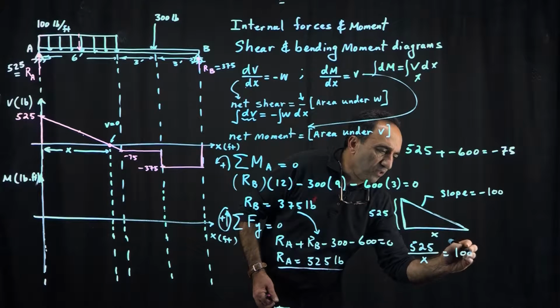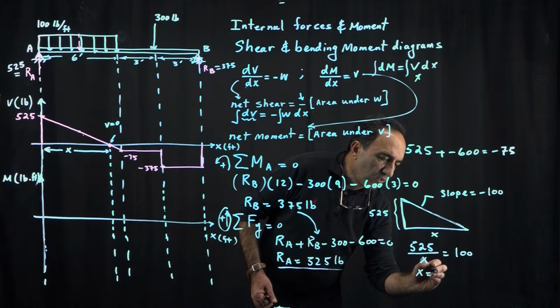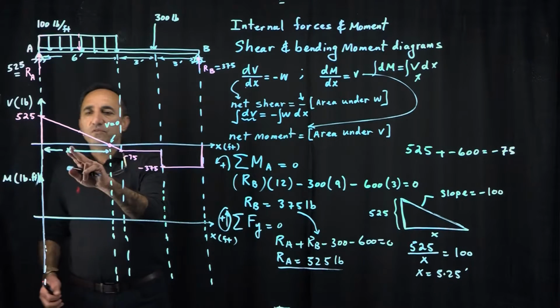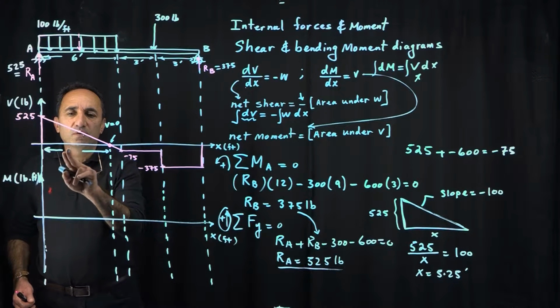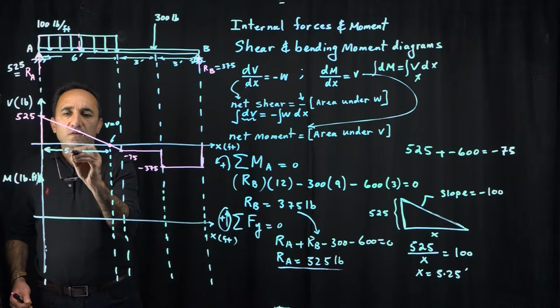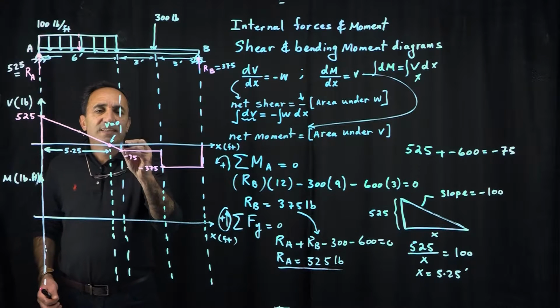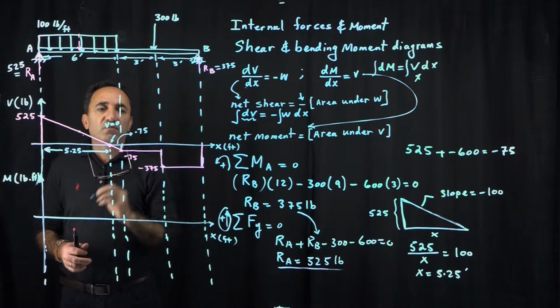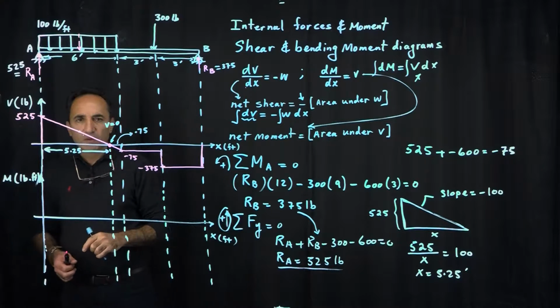That should be 100. Don't worry about the sign. So that becomes 5.25. So now I know this is 5.25. So let me go ahead and put 5.25 here. So if this is 5.25, this small piece that is hard to see should be 6 minus 5.25 or 0.75.